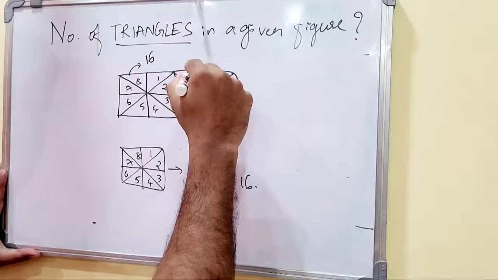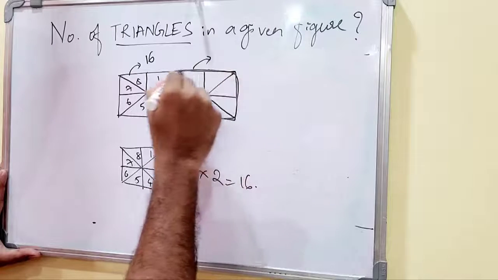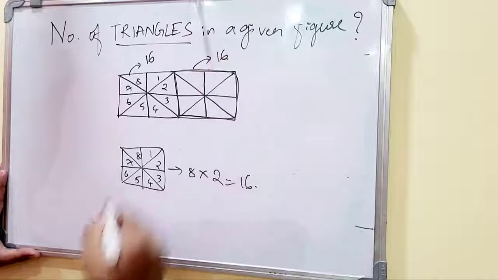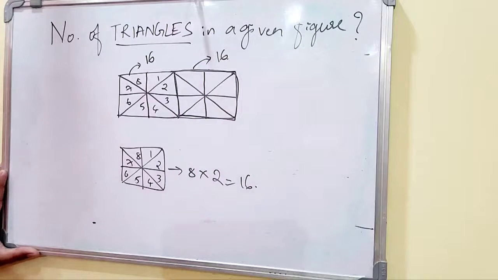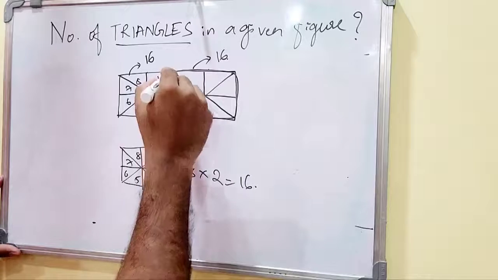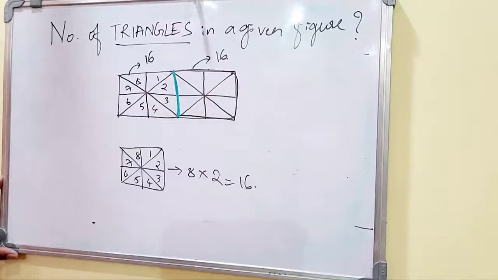And similarly, this figure, this square contributes 16. But there is a trick here. What is that? These are not the only triangles in this example. There is one line between these two. This line. You can see it here.